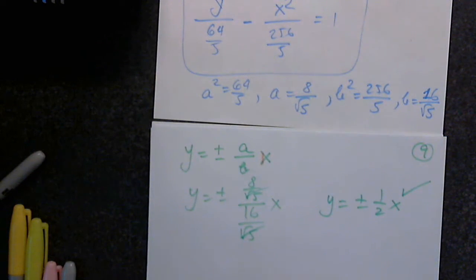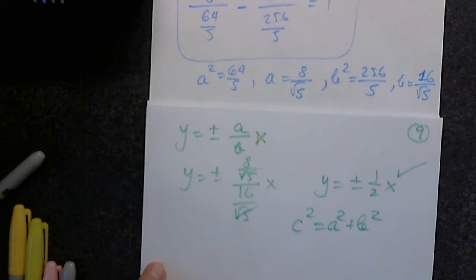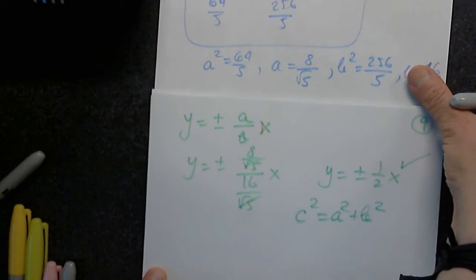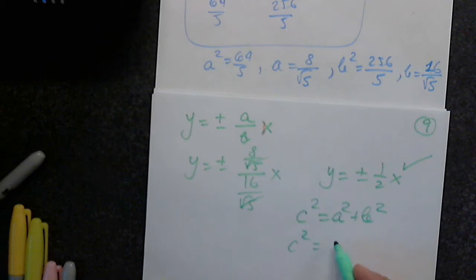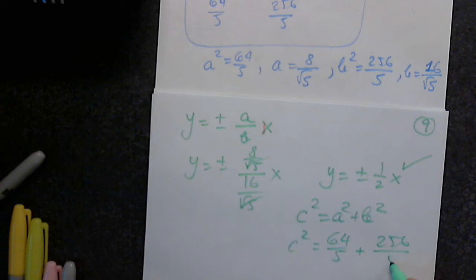Now I have to determine c squared as being a squared plus b squared because I want to check the foci. Any questions so far? No. So c squared equals a squared, which is 64 over 5, plus b squared, which is 256 over 5. So c squared equals, that's 0 and 1, that's 2, is it 320?